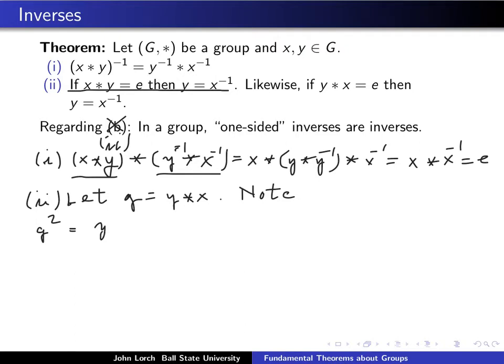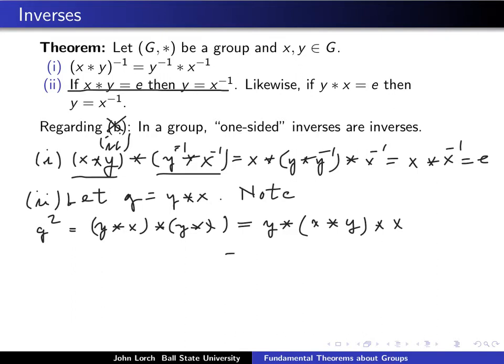Well, that's going to be Y times X times Y times X, and now again we use the associative property. This is Y times X times Y times X.